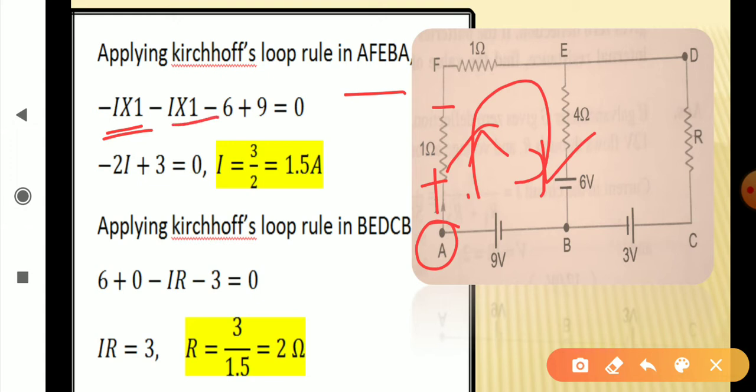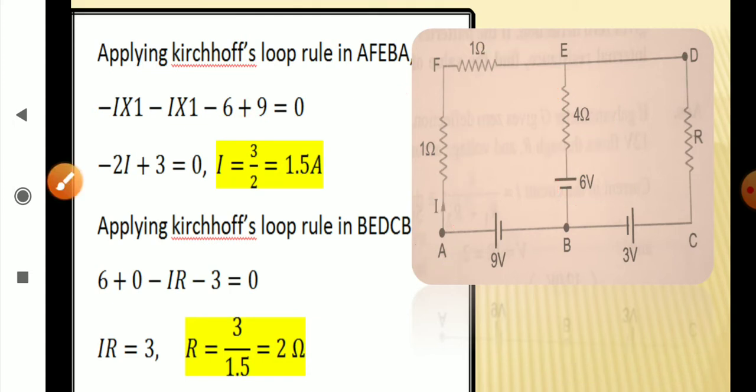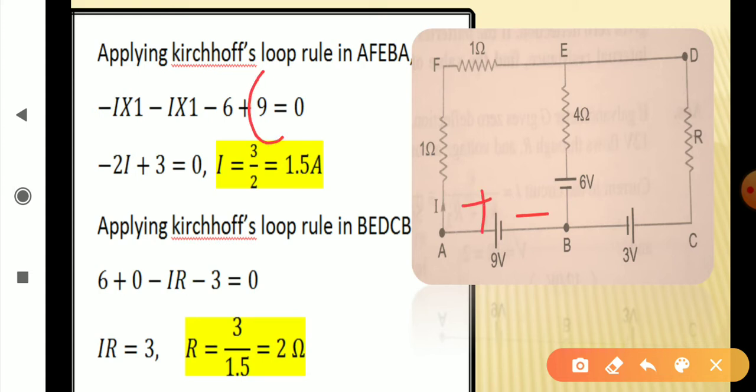Similarly for this 1 ohm, minus I into 1, and for 4 ohm current is 0. Then comes the 6 volt battery. For the 6 volt battery we are moving from higher potential to lower potential, so it is minus 6. And then we move to this 9 volt battery. We are moving from lower potential to higher potential, so it is positive.